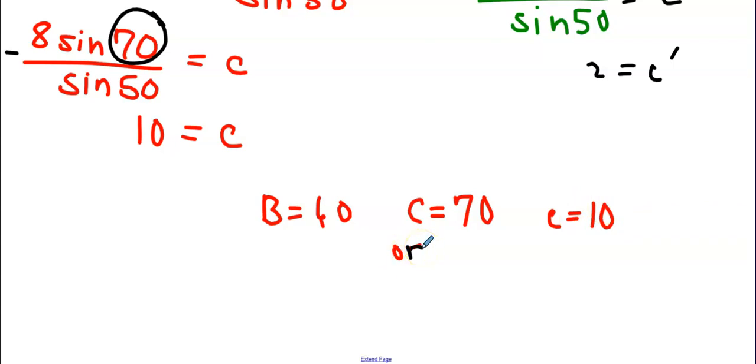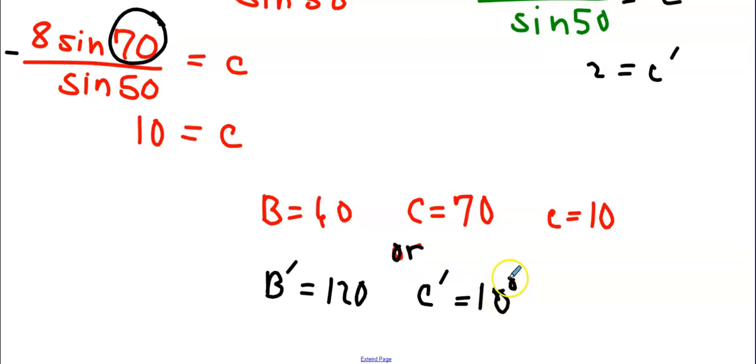Sorry guys, it's not running right. Our second B was 120. Our second angle C was 10. Sorry, I left off the degrees. Let me do the degrees. All right, and then our small c, or side c, was 2.